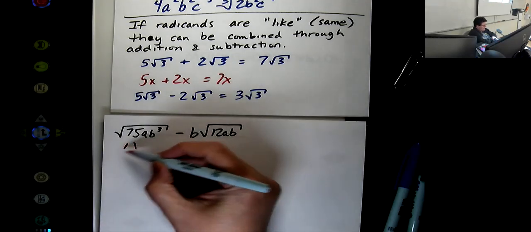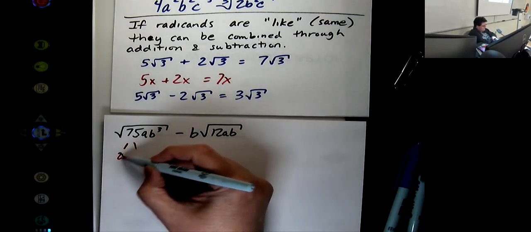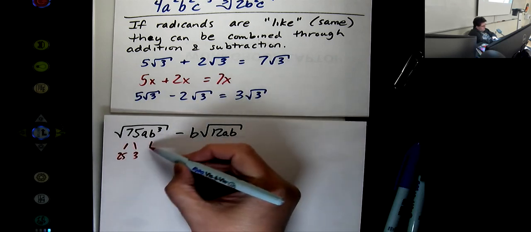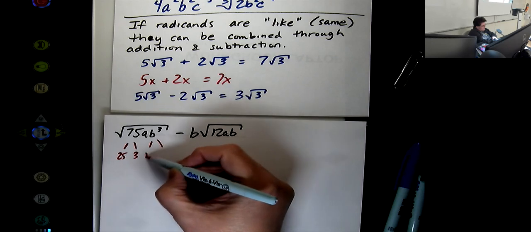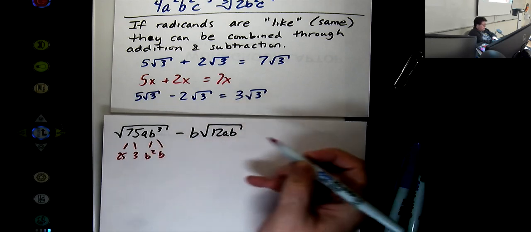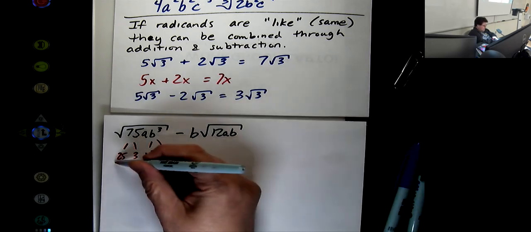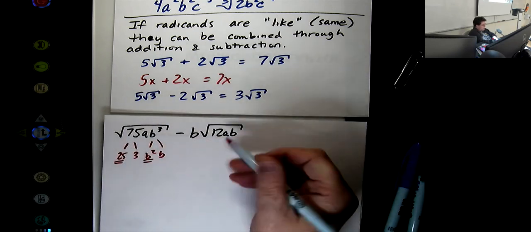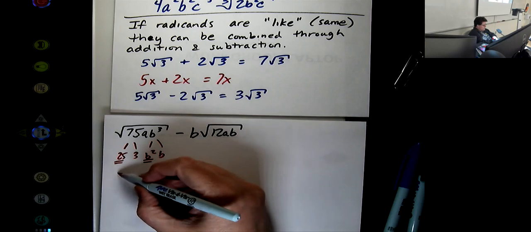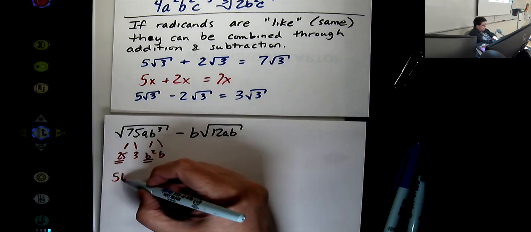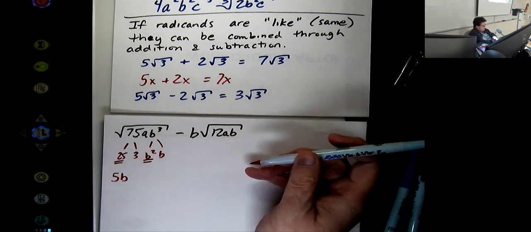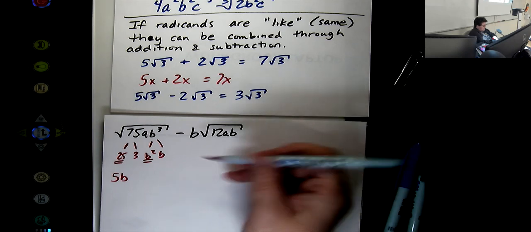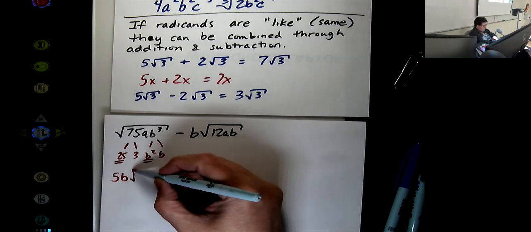75 is 3 times 25. And I can rewrite the b cubed as b squared times b. Which means I can take the 25 out because it's a perfect square, and I can take the b squared out, which gives me 5b on the outside. On the inside, what I have left is 3ab.